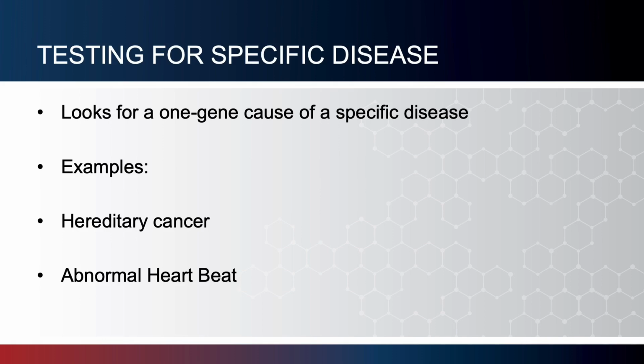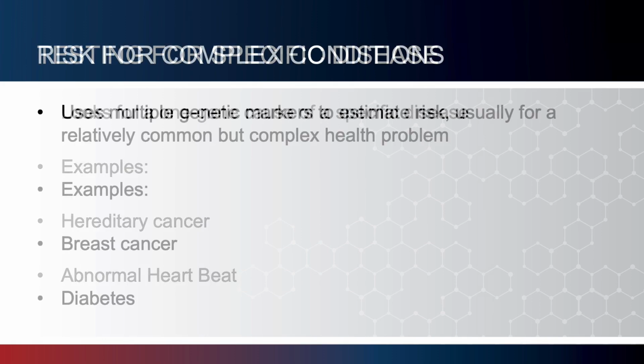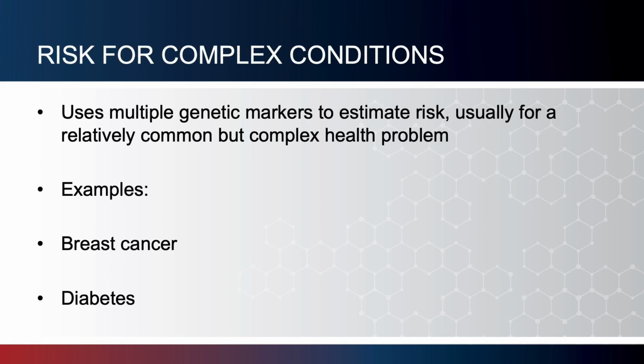Some people also do genetic testing for abnormal heartbeats or cardiac arrhythmias. We know that in a lot of cases there can be a genetic component to our heartbeat, especially when our heart isn't beating in the pattern we would expect. So a lot of times when people have an identified arrhythmia, they might meet with a genetic counselor to discuss genetic testing options.